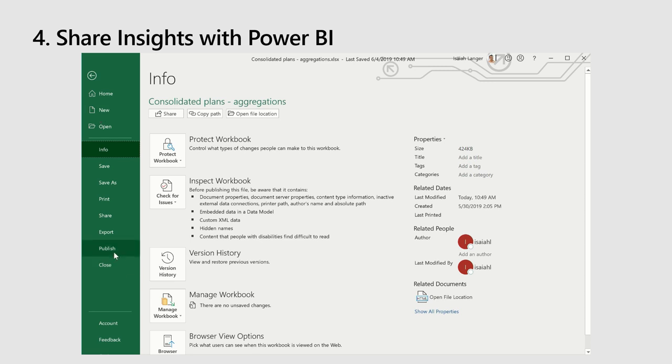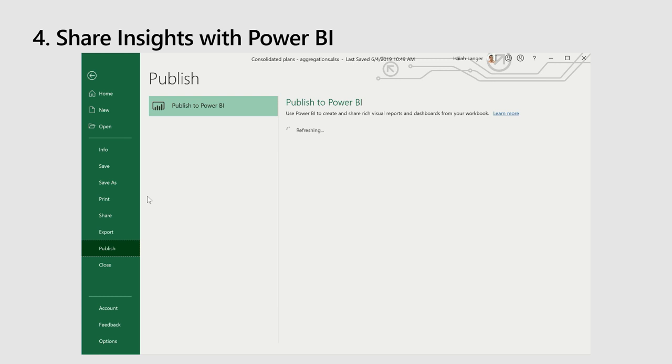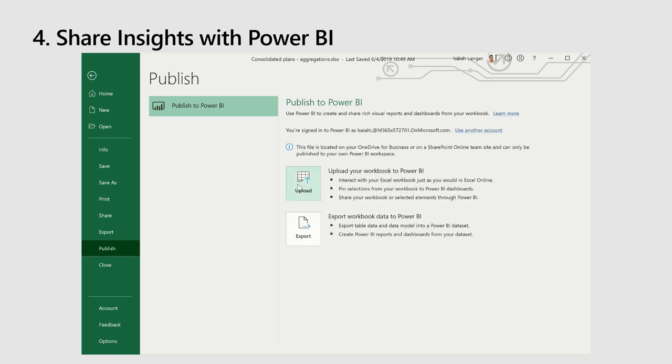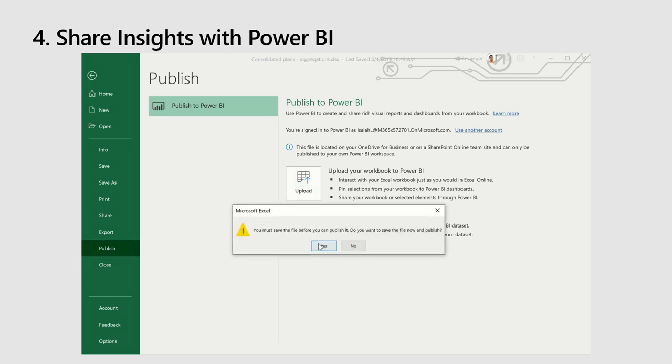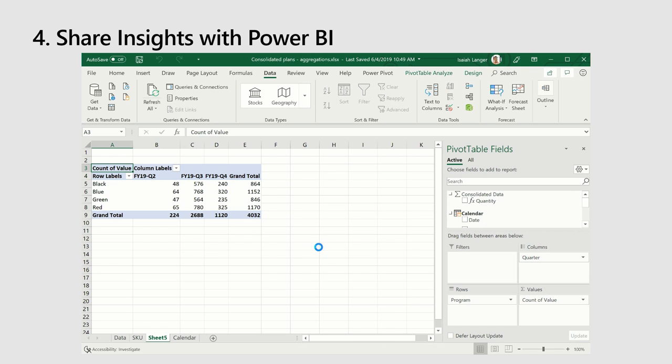And this has the Power BI publishing option. The first one is you can upload your workbook to Power BI, and it will be like an embedded version of your file. So that's a simple one if you just want to share it out.